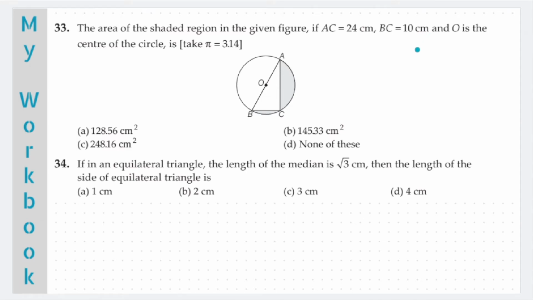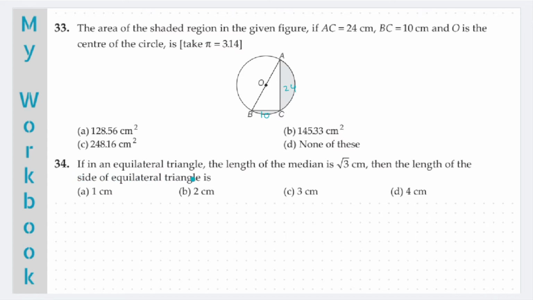Question number 33. The area of the shaded region in the given figure is, if AC is 24 centimeter, BC is 10. So this is 10 and this is 24. And O is the center of the circle. Take pi as 3.14. Then 34th question.